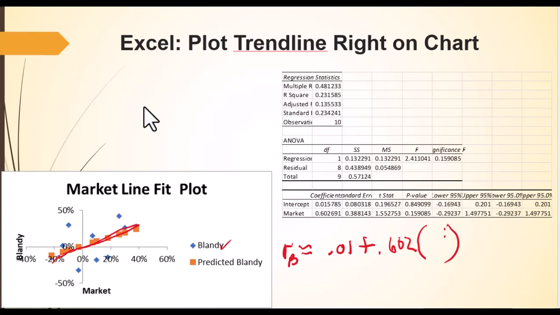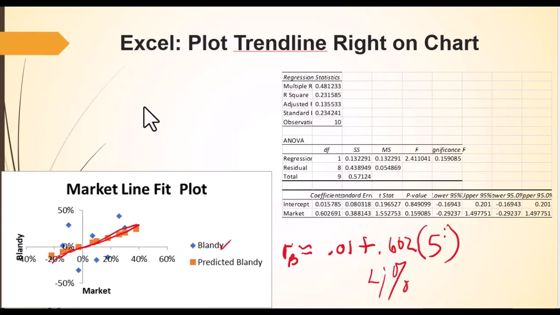We said this is roughly 5%. So at the beta of 0.602, you should expect to get in the ballpark, this says 4%.